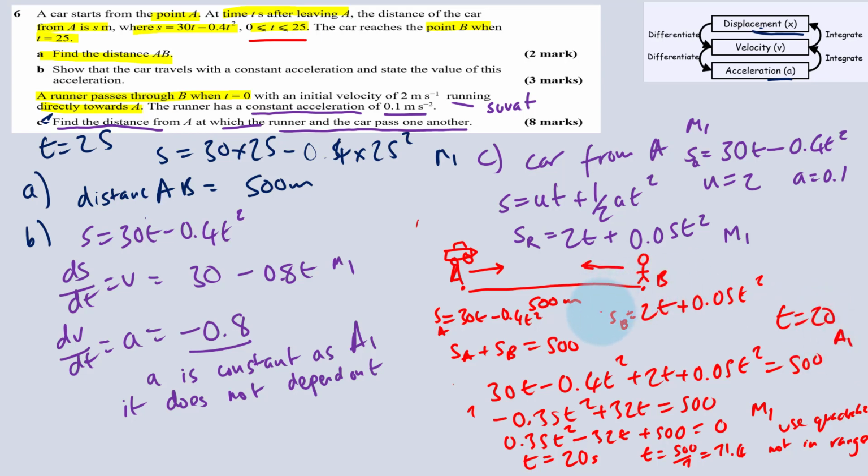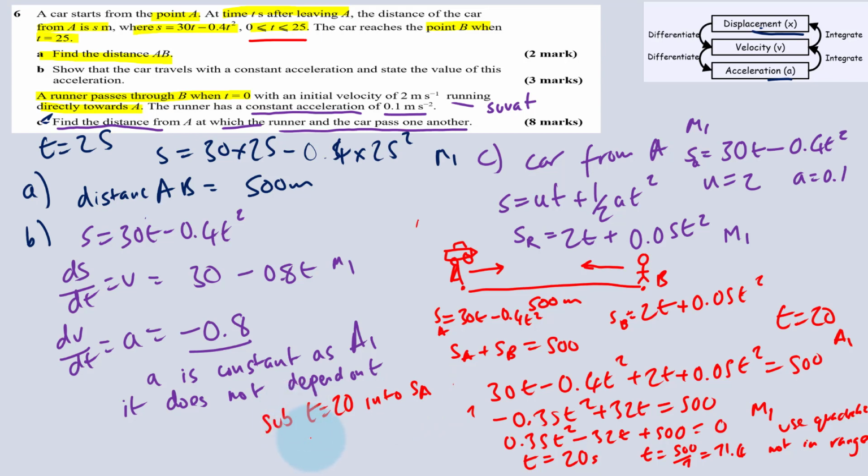Now there's one more thing we need to do. We get t equals 20 when they pass each other, so we need to sub t equals 20 into any formula, but let's do that into SA.